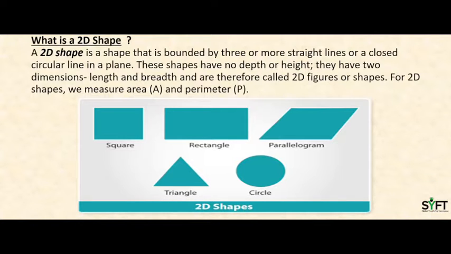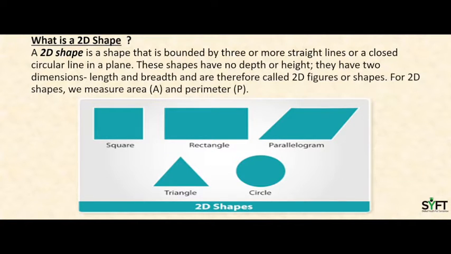What is a 2D shape? A 2D shape is a shape that is bounded by three or more straight lines or a closed circular line in a plane. These shapes have no depth or height. They have two dimensions, length and breadth, and are therefore called 2D figures or shapes.